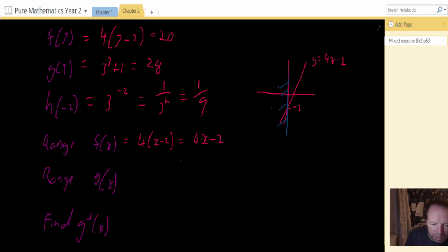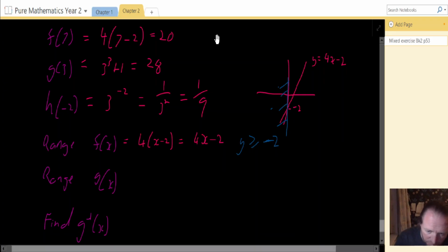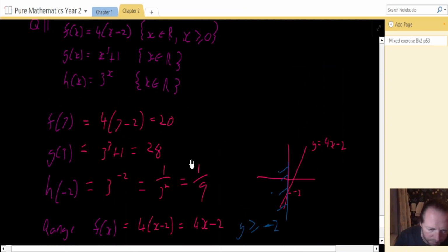So looking at the range, which is the y value, it is when y is greater than or equal to minus 2, because that's where it cuts the axis, and we do have the equal sign there as well.